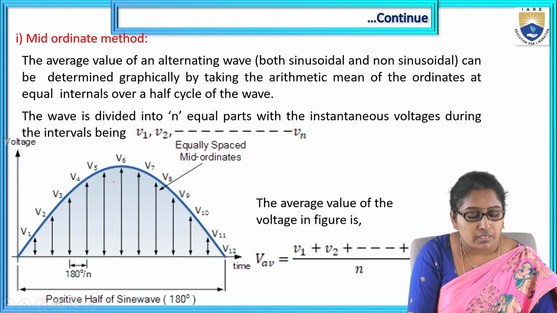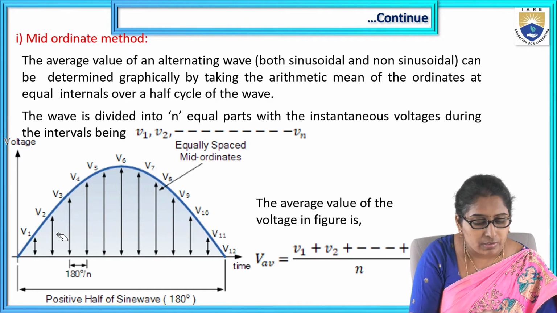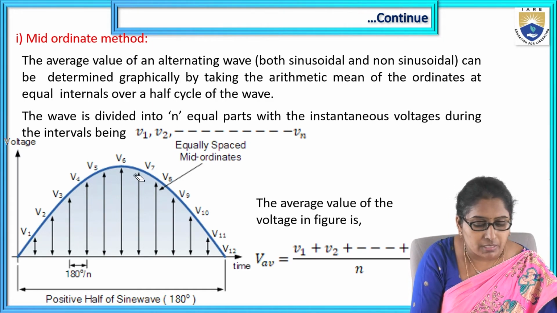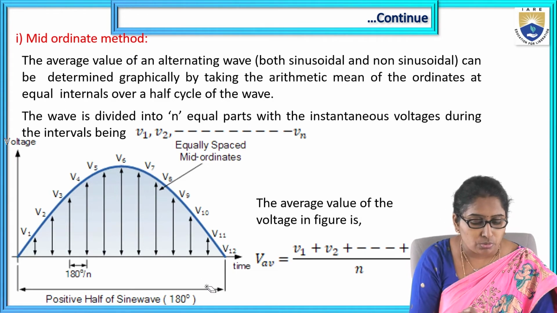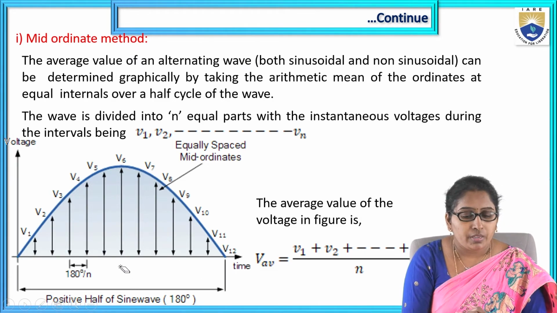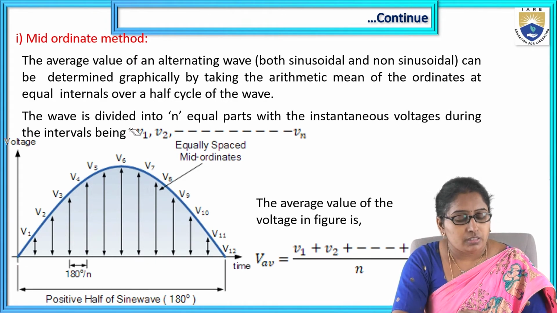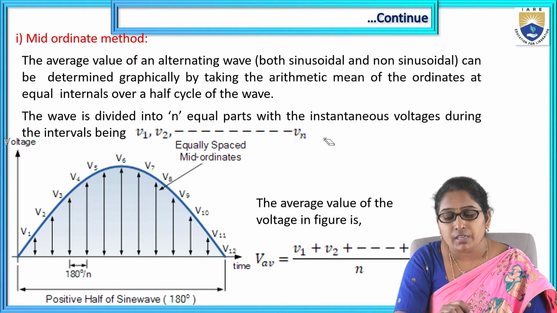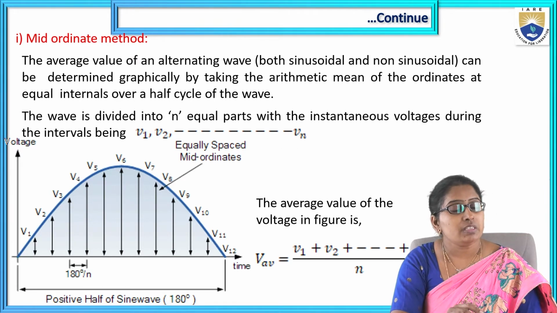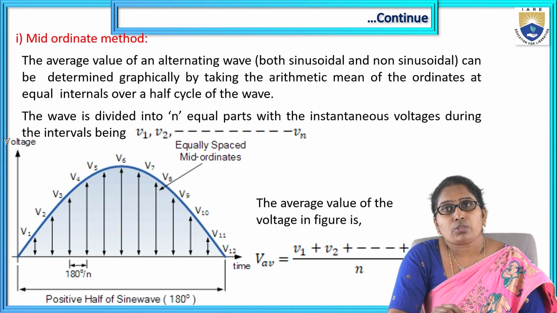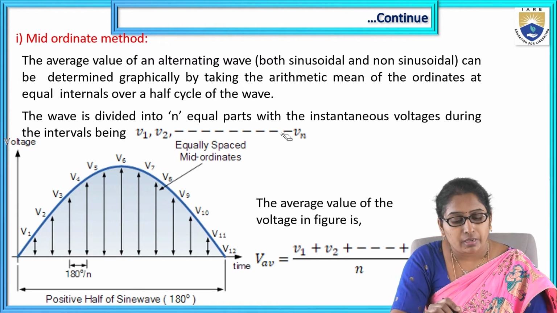At equal intervals, the voltages are V1, V2, V3 and so on up to V12. The wave is divided into n equal parts, with the instantaneous voltages during the intervals being V1, V2 and so on up to Vn.